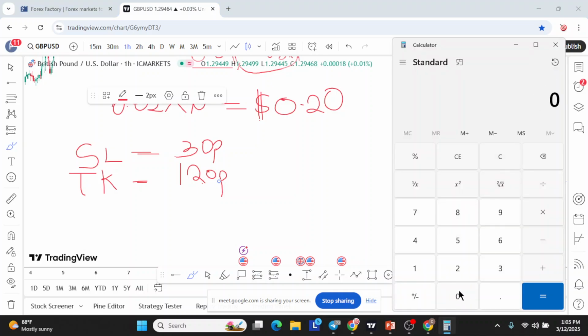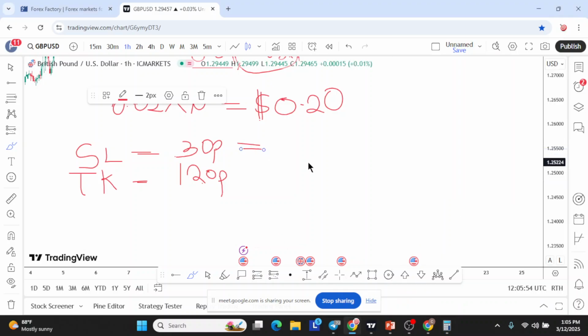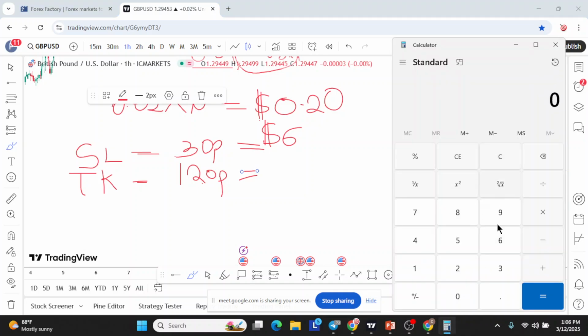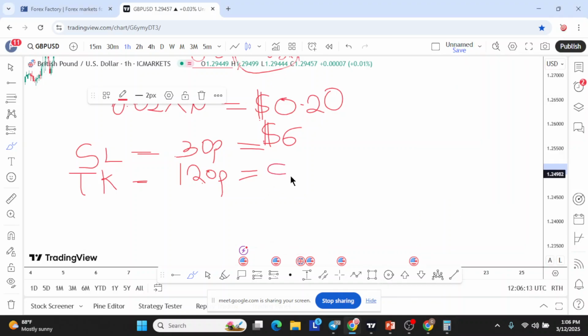We already know that a pip movement is 20 cents, then we multiply that by 30 pips. So what we are looking to risk on this trade with a lot size of 0.02 is just $6. And if we are targeting 120 pips, it means 0.20 multiplied by 120 pips. That is, we are looking to make $24.